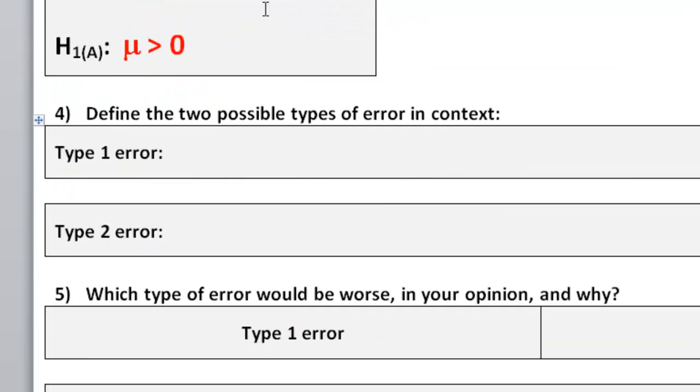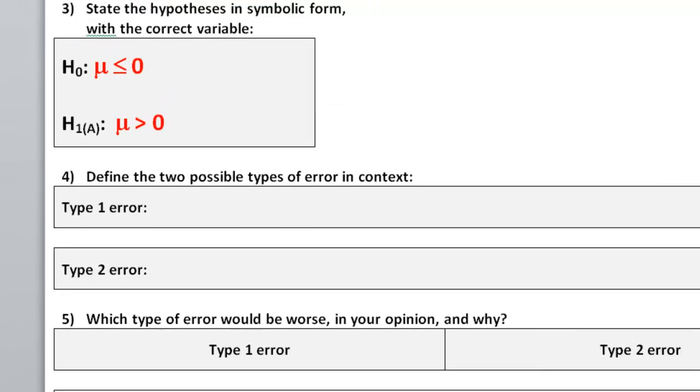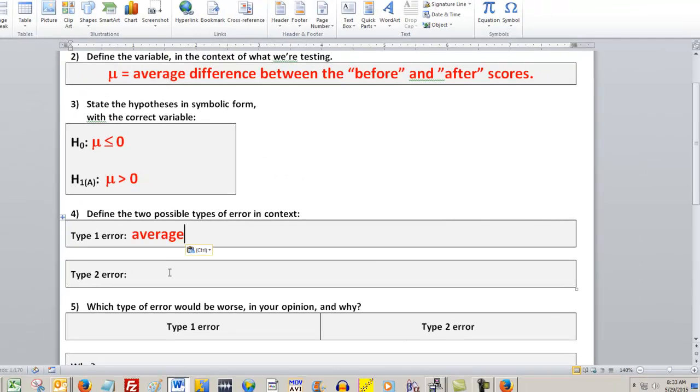Okay, your two types of error. Pretty straightforward. A false positive would be saying the scores have increased when they actually haven't.